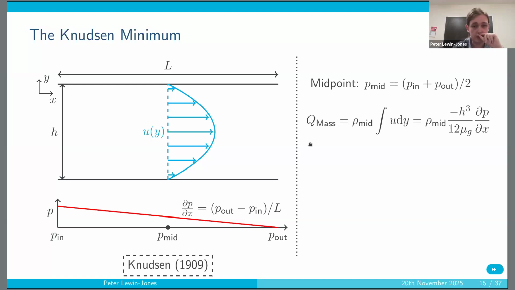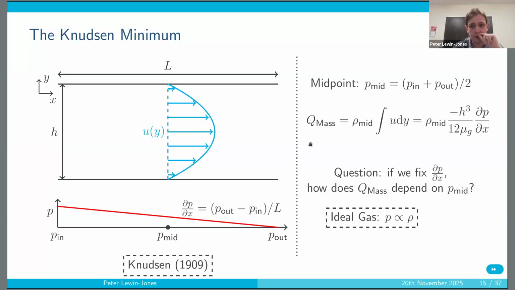And what they were measuring is that if we fix our pressure gradient, so I'm going to fix the steepness of the pressure, but then vary the pressure in the middle. I'm doing this by changing the pressures at both ends at the same time, but keeping the pressure gradient constant.